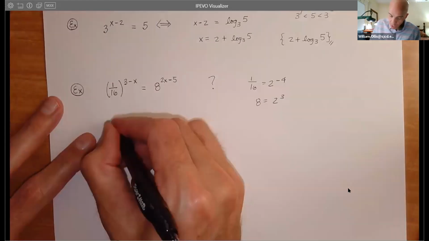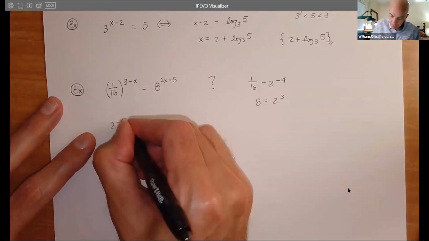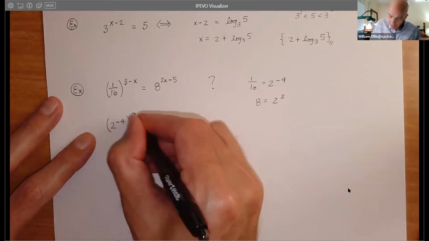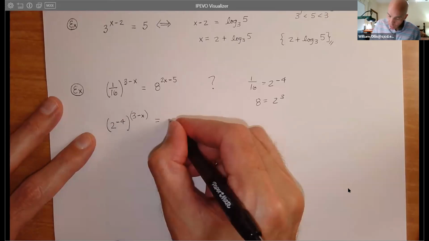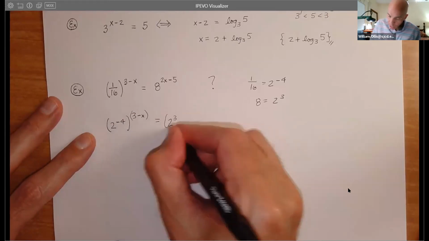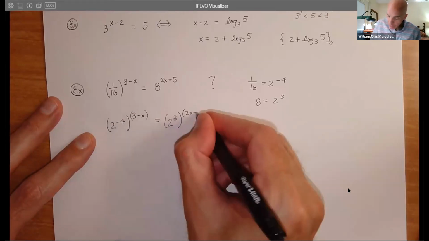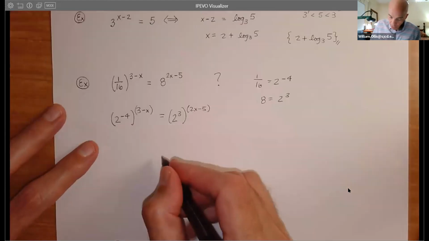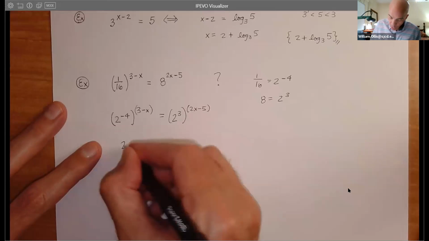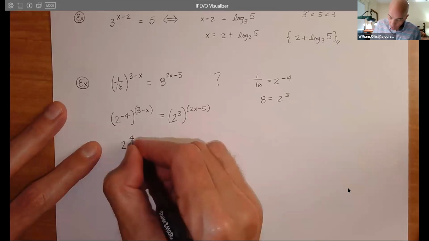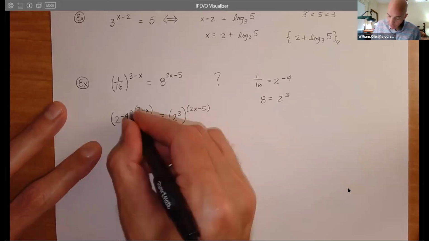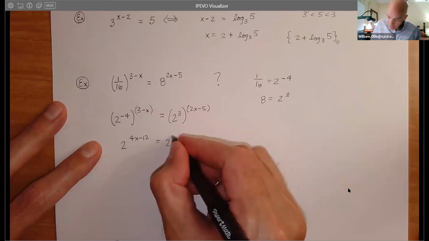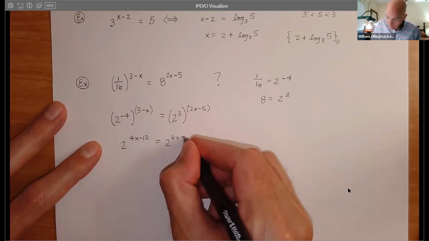So this will be 2 to the negative 4 raised to 3 minus x equals 2 to the third raised to 2x minus 5, just keeping those parentheses there so you don't forget them. And then you're thinking, okay, this is 2 to the 4x minus 12, just distributing the negative 4, equals 2 to the 6x minus 15.